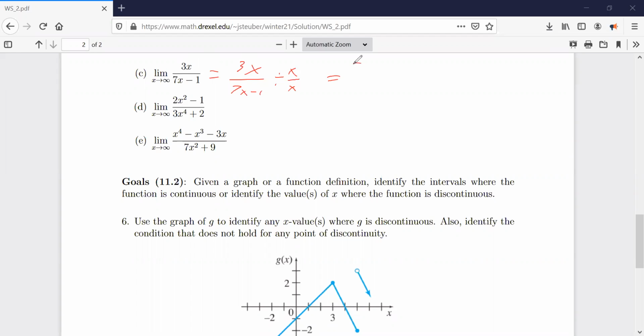So then that gives us 3, and then we get 7 minus 1 over x. And then if I were to apply the limit to this guy, then the top is clearly just equal to 3, and then the bottom gets 7 minus 0 because this guy approaches 0. Does that make sense? Yeah. Step by step there.